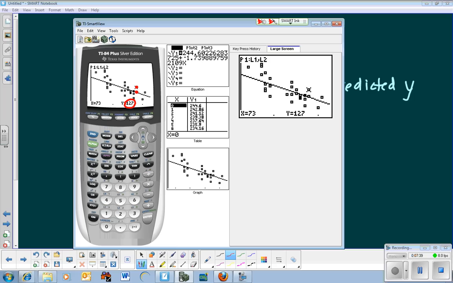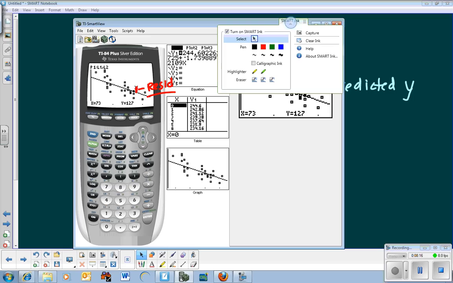If I plug 73 into my line, I'm going to get this .59. So the residual is the difference, actual minus predicted. I think the actual is 127, my predicted is 117. So this point has a residual of about 10, and that's this distance right here. All right, so that's the definition of residual.